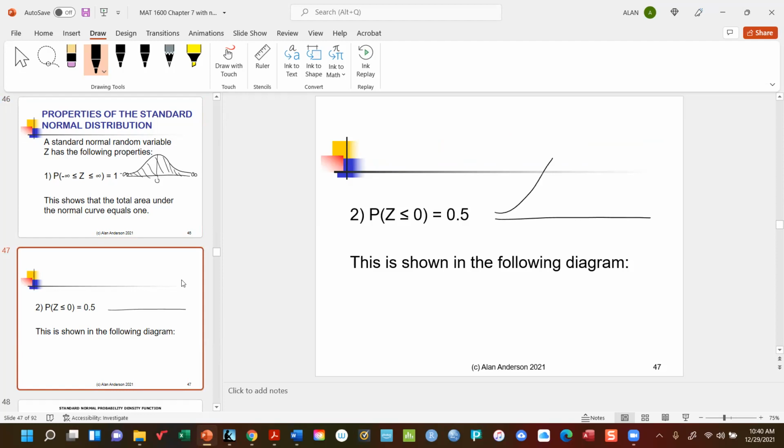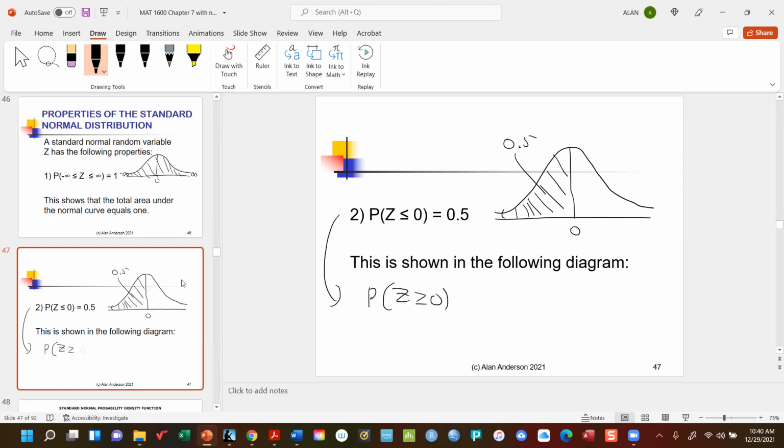Because of the symmetry of the distribution, meaning the left-hand side of the mean and the right-hand side are identical to each other, if the entire area under the curve is 1, then it must be true that the area below 0, in other words, all of the negatives, have a collective probability of a half. And the same thing is actually true for greater than 0, meaning the right-hand side of this graph.